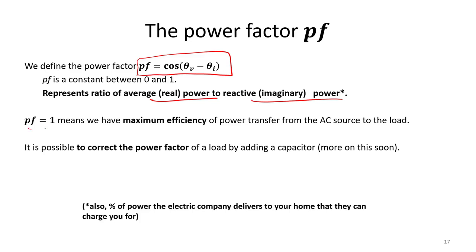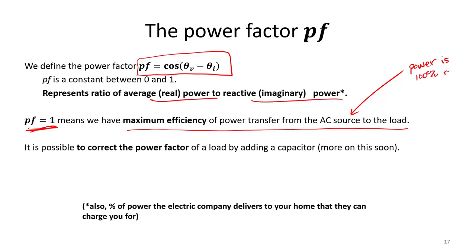Notice if our power factor is equal to 1, that means that we have maximum efficiency of power transfer because our power will be 100% real, and imaginary power will be 0 if our power factor is equal to 1.